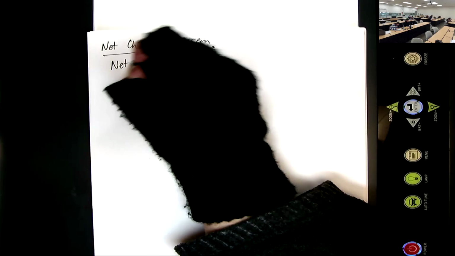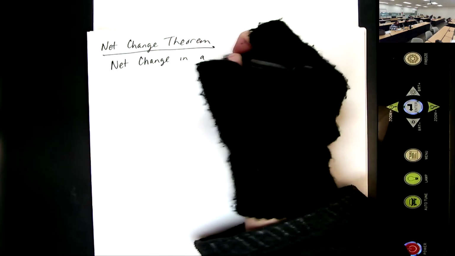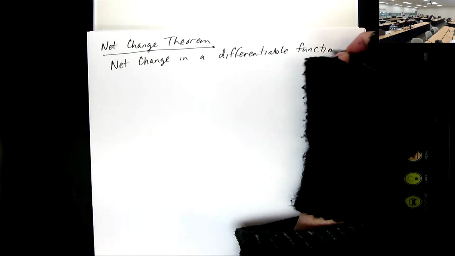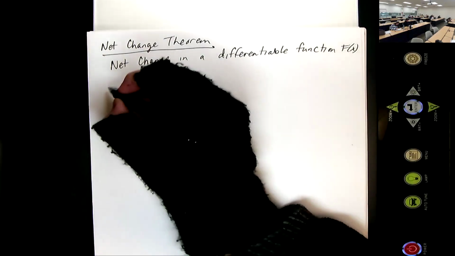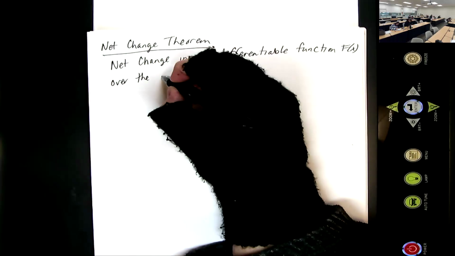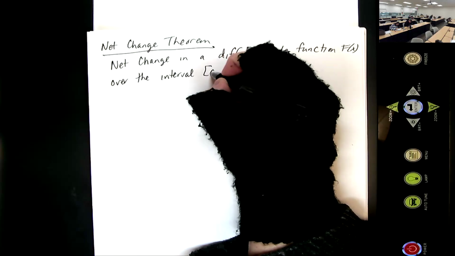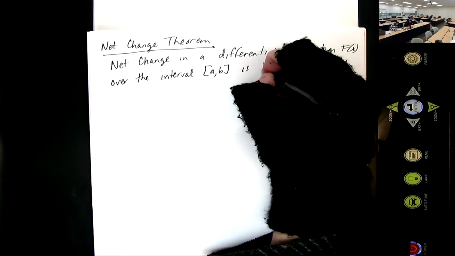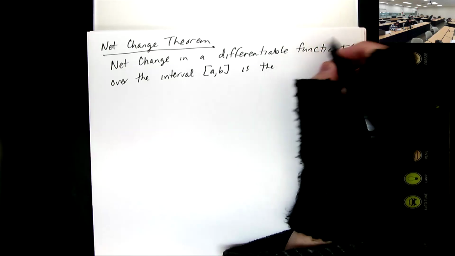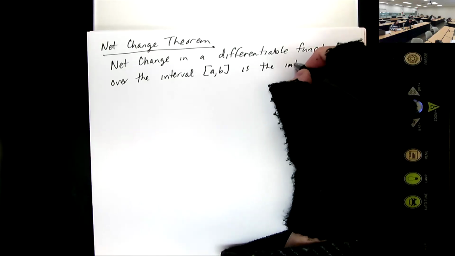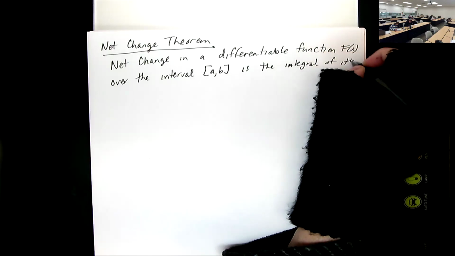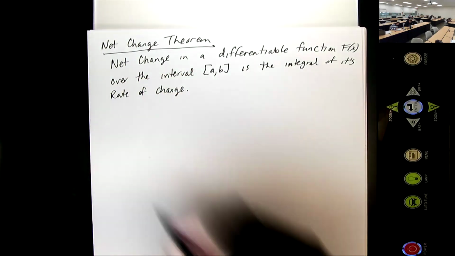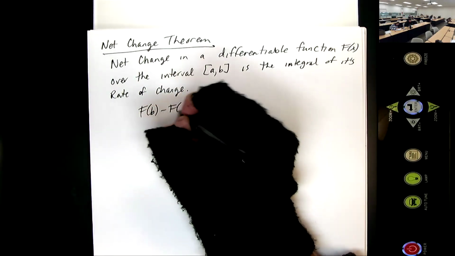The net change in a differentiable function big F of x over the interval AB is the integral of its rate of change. This is the net change from A to B.